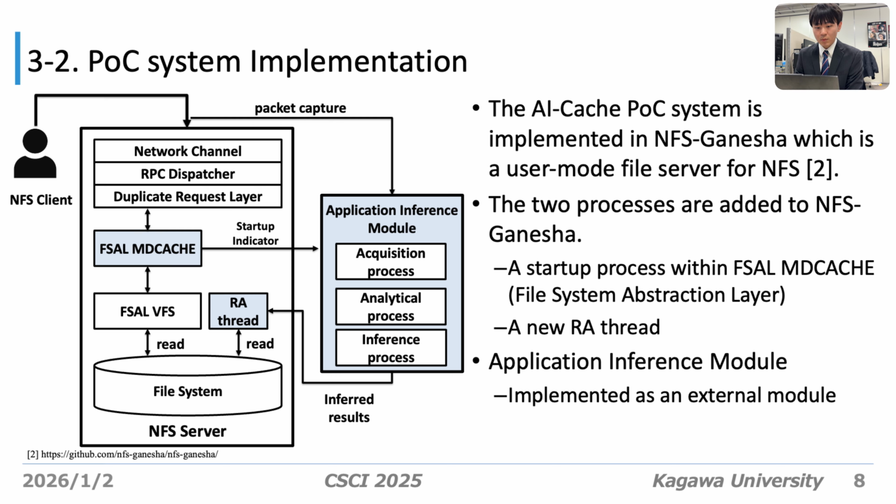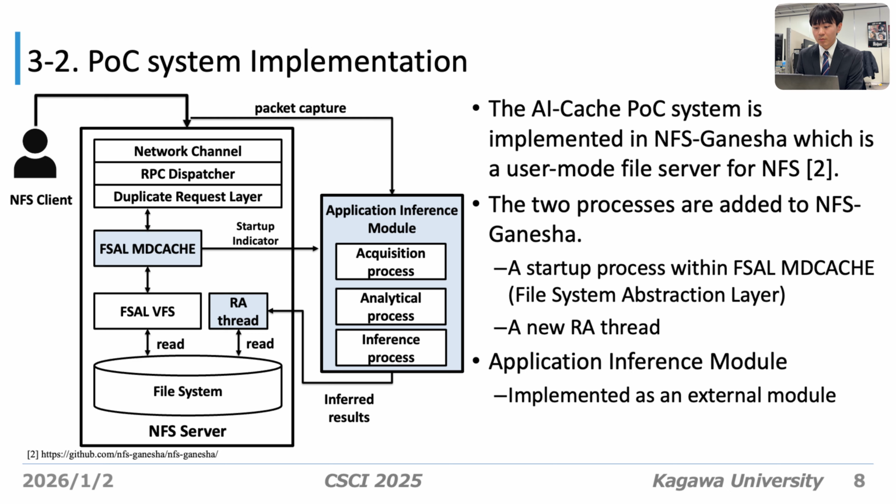When a read call is invoked, the startup process is called. Then the application inference module launches. The module returns the inferred result to the NFS server. The RSet receives the result. If read-ahead is required based on the result, it reads the target file to the end. We implemented the application inference module as an external module. This module infers applications when it receives a startup instruction.